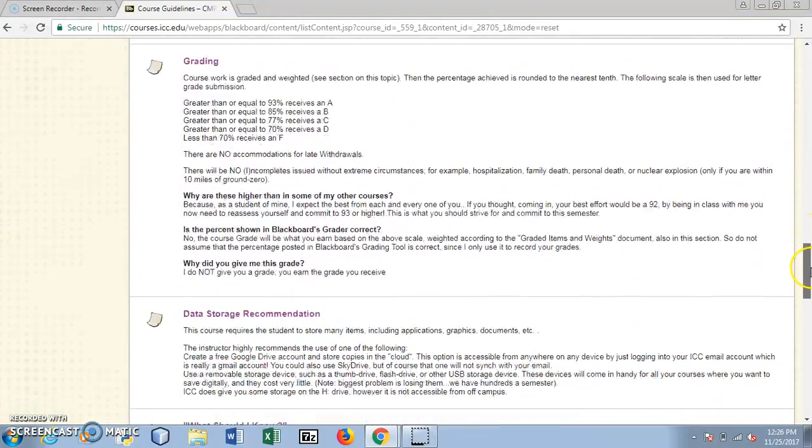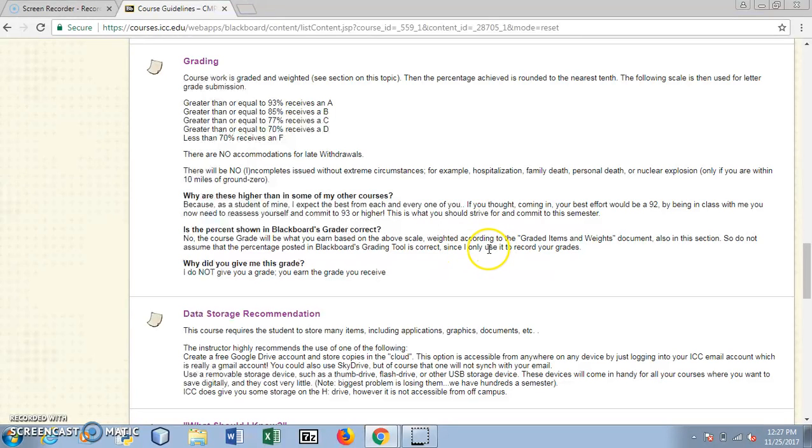Okay? Grading, you can see my grading scale here. It's a little higher than you might think. However, you're my students. I expect a lot from you. Why are these higher than others? Just what I said, because you're a student of mine. Is the percentage shown in the Blackboard grader correct? No, it is not.